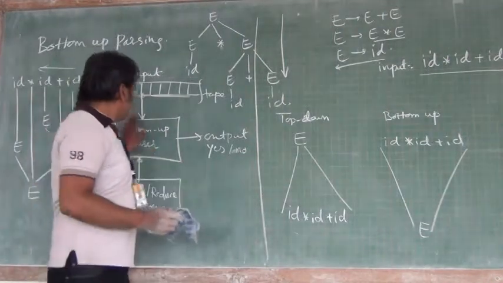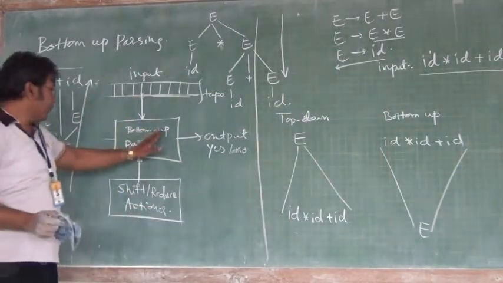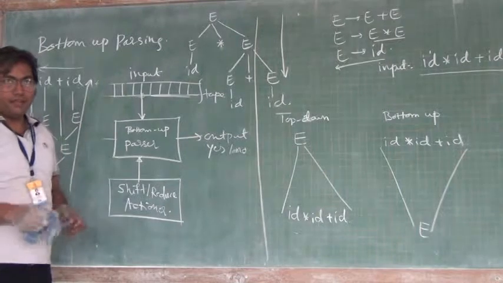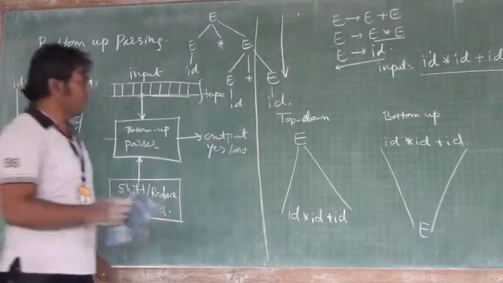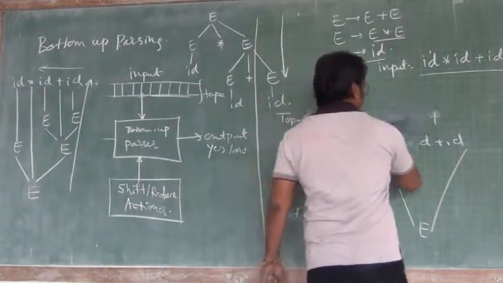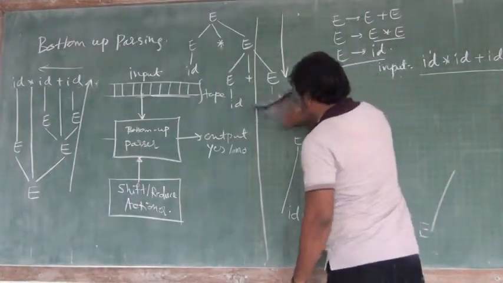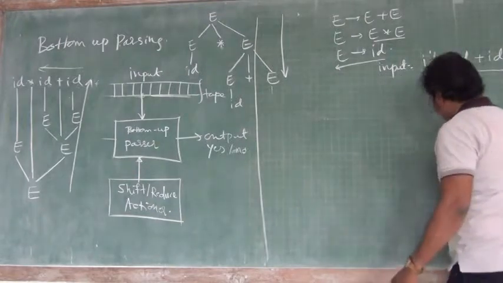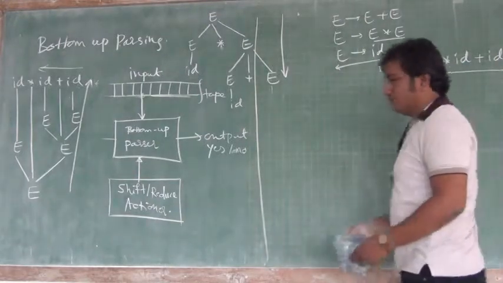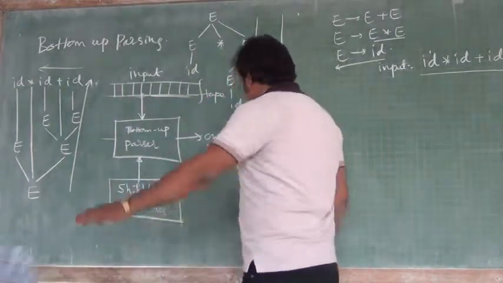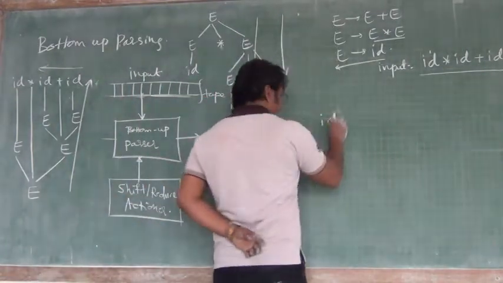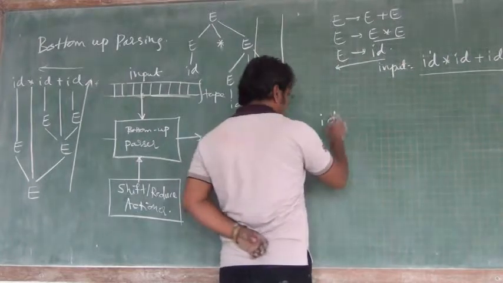So by having this mechanism, I am having a bottom-up parser. How can I give an example of bottom-up parsing? Okay, that we will see. Here I take the input directly.